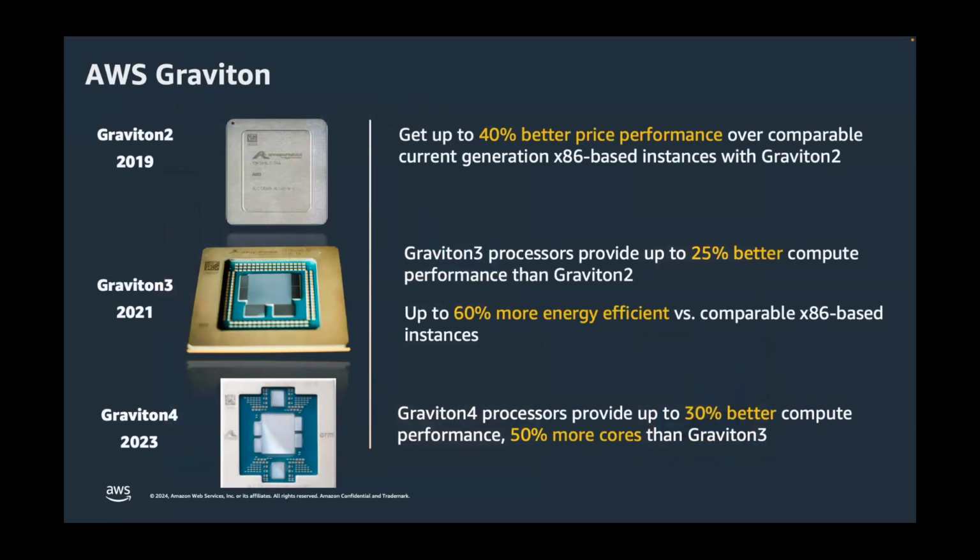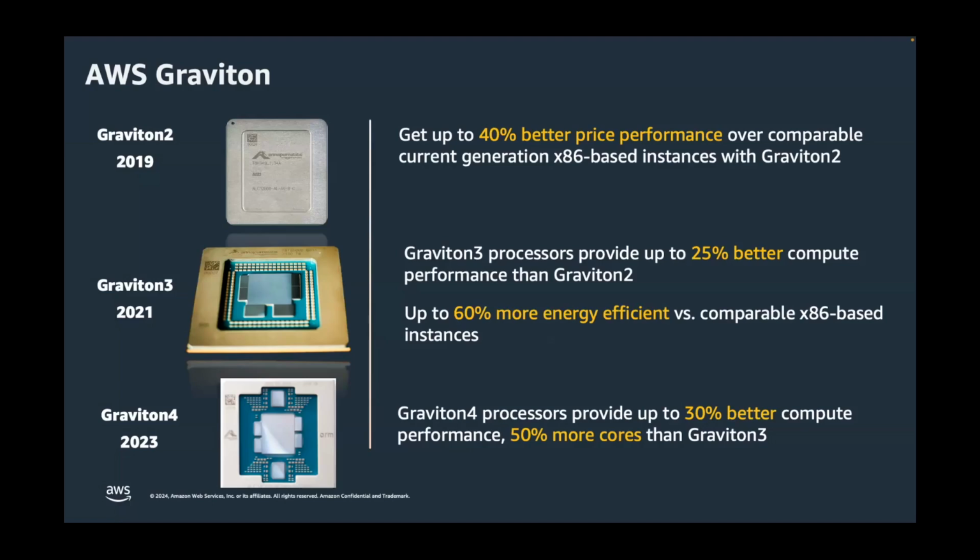So a little bit about the business benefits of Graviton processors. As you can see, it has been around for quite some time. In 2018, we came out with the first generation, but at the moment, we are already in our 4th generation. With Graviton 2, you can get up to 40% better price performance. Many have asked me, how do I get the 40%?